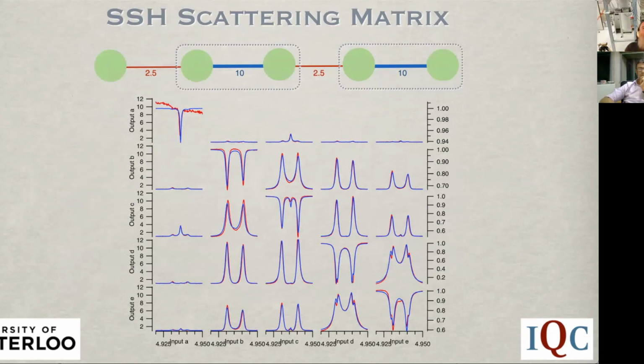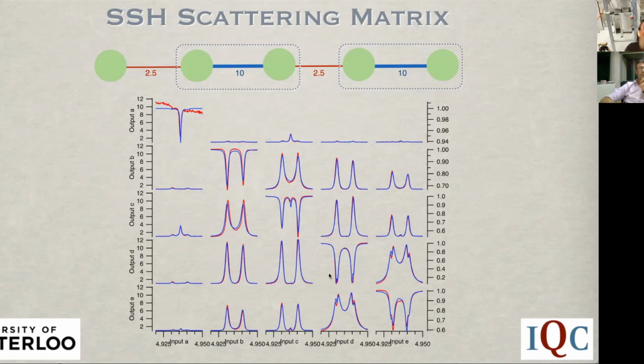But the intuition from the thermodynamic topological model explains the qualitative behavior. I can calculate and do these nice fits, but that doesn't tell me why I have a zero mode here and not here. So the thermodynamic limit model gives me the intuition of what's going on.